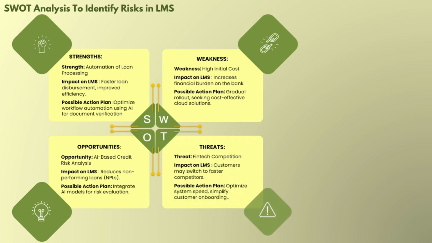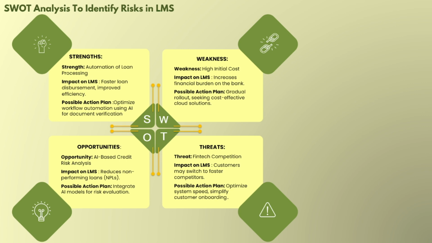And the last threat is fintech competition. The impact on the loan management system is that customers may switch to a faster competitor. This is another threat: if any other fintech company with good technology is working there, our customers may leave our organization. Customers are very important in a bank, and in every business.